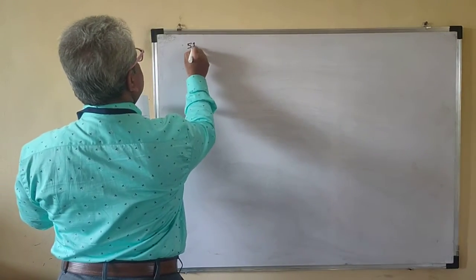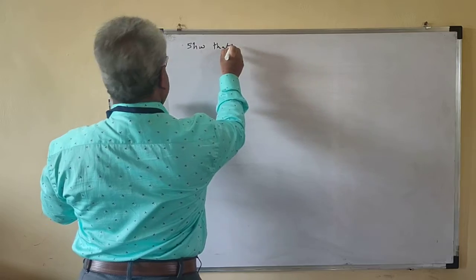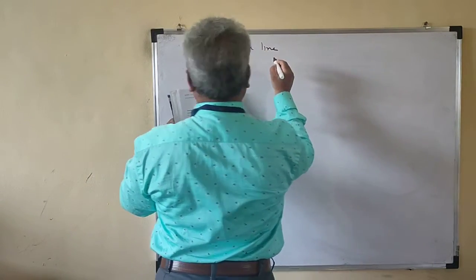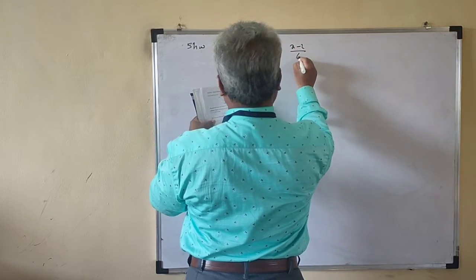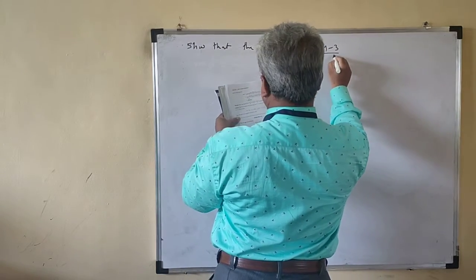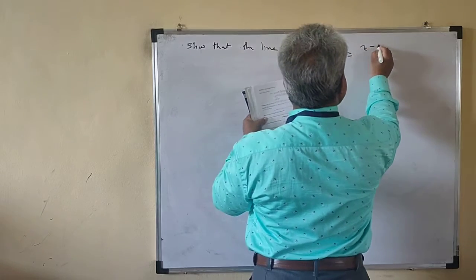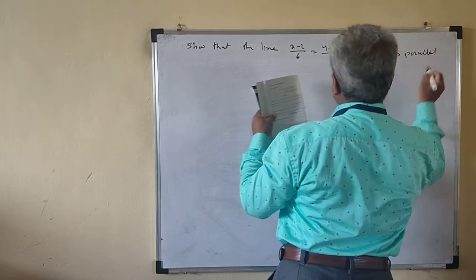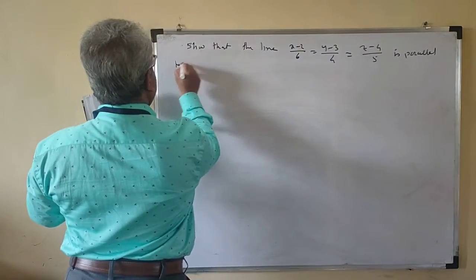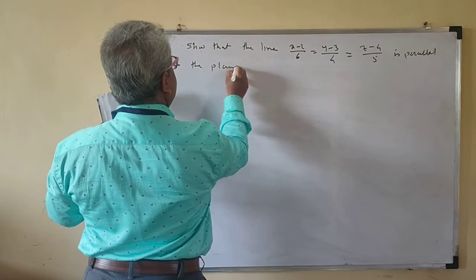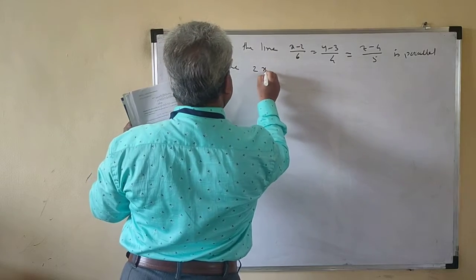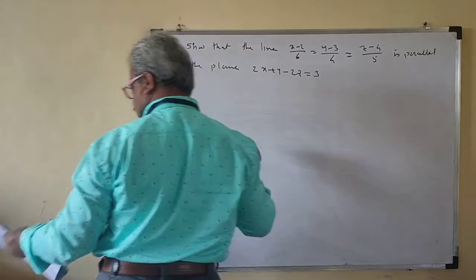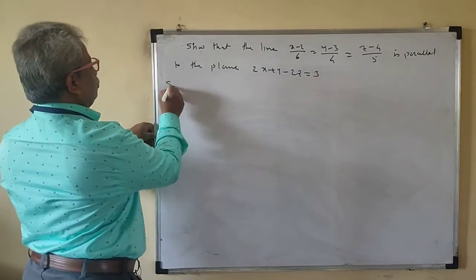Show that the line x minus 2 upon 6, y minus 3 upon 4 is equal to z minus 4 upon 5 is parallel to the plane twice x plus y minus twice z is equal to 3. Solution.